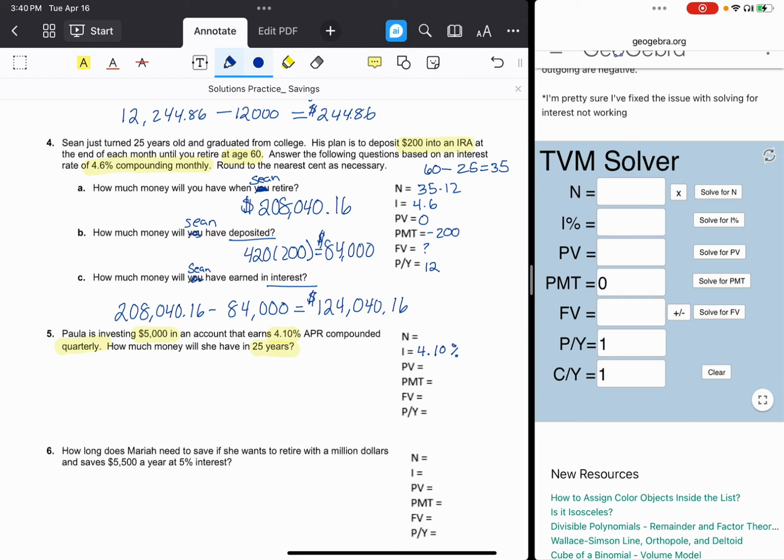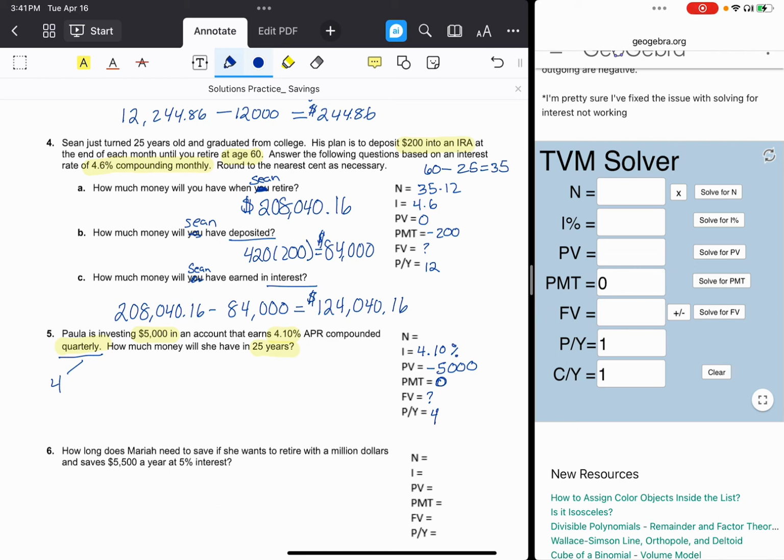We're not told that she's putting in more money, so I'm just going to have my one-time payment, not a regular payment. We want to know how much money she's going to have in 25 years. It's quarterly, so quarterly is 4 times per year our interest is paid.